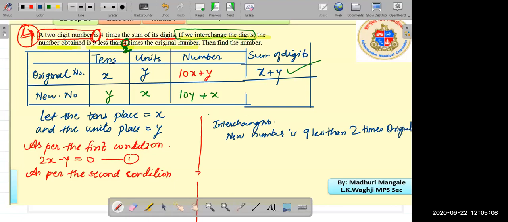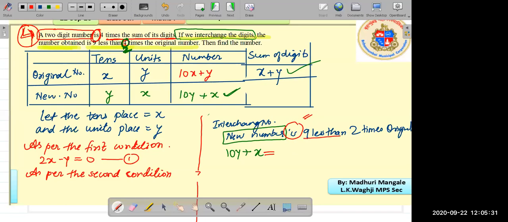Fine. So we are going to convert this statement into a mathematical equation, right? So we are going to replace the words new number with the expression. What is the new number? It is 10y plus x. What do we mean by is? Is means equals to sign. So we put an equals to sign over here.